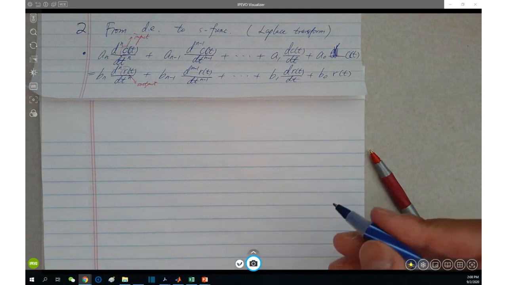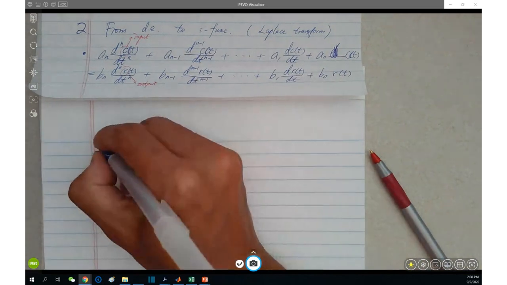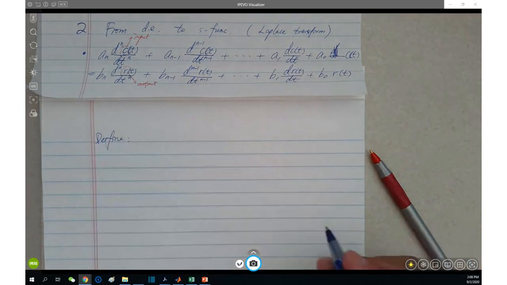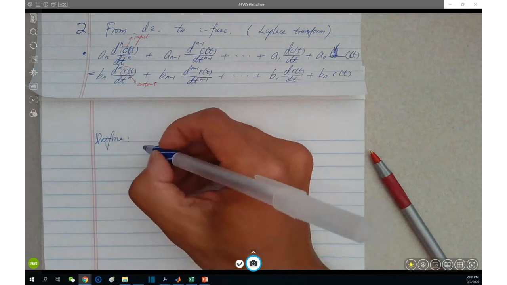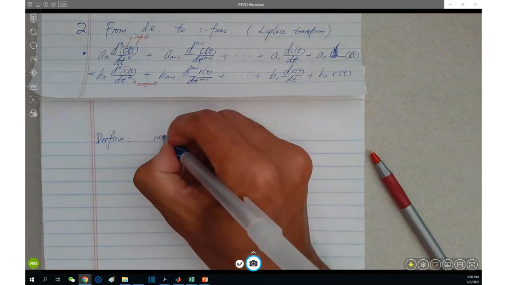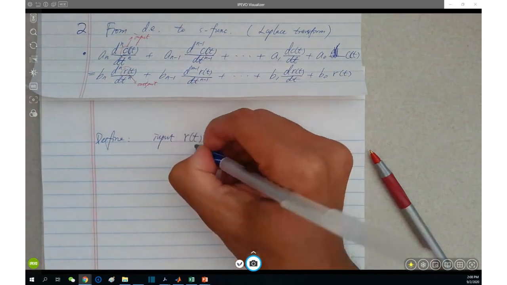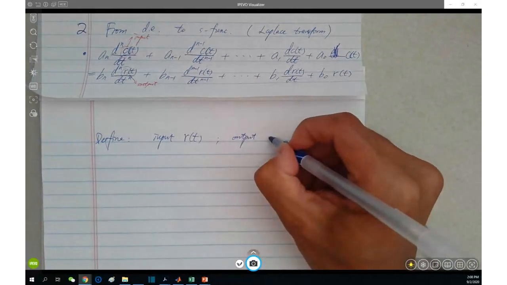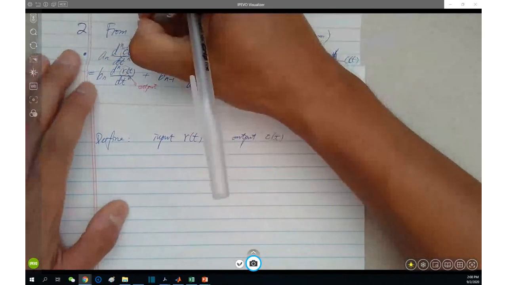Now let's define. Like I said, I defined it in my notes the other way around, but that's okay. Let's define input as R of t and output as C of t. So I need to change it here as well.